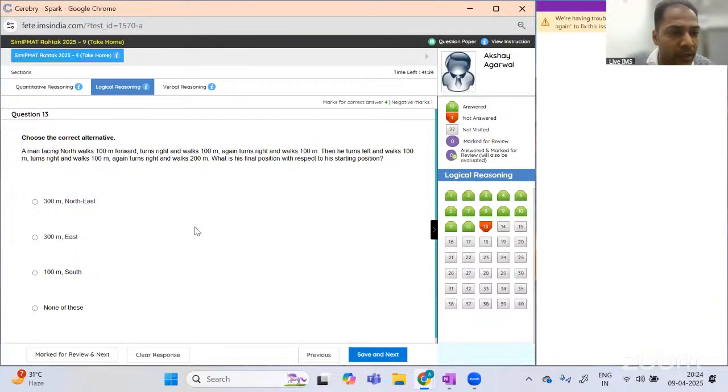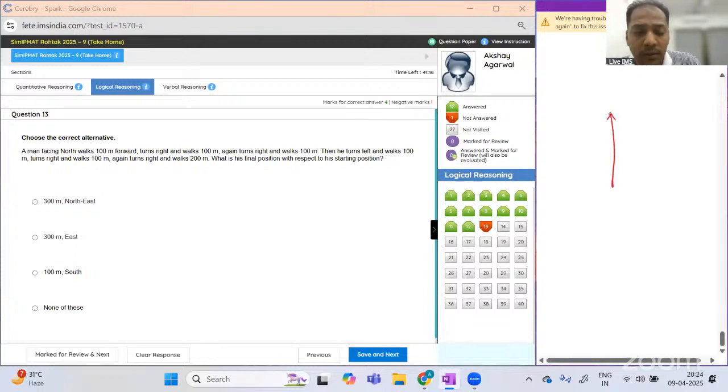Again, maintain the speed. Man facing north walks 100 meters forward, turns right, walking north 100 meters, then turns right and walks another 100 meters. 100, 100. He then turns left. Right and left is basically zigzag. So another 100 meters.